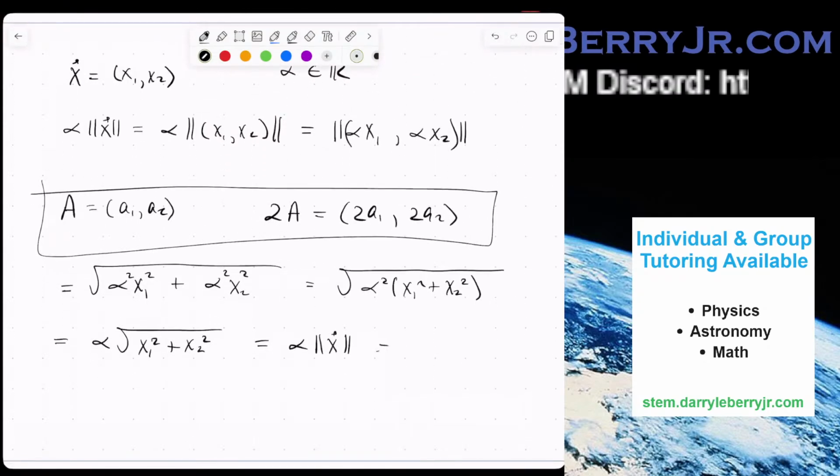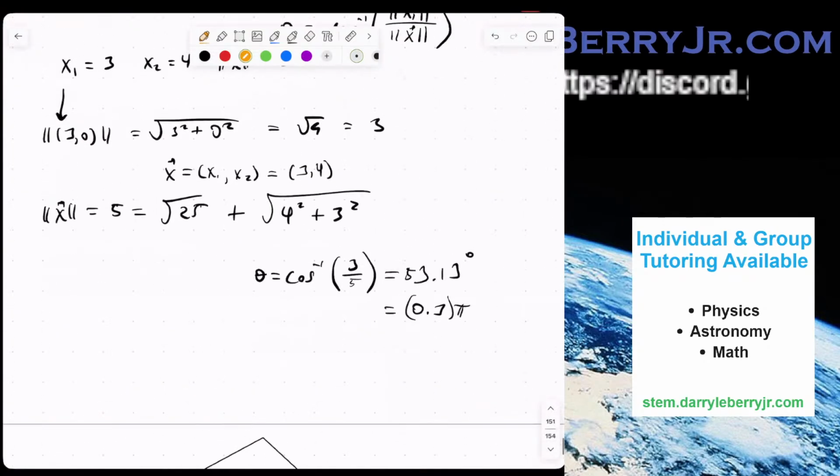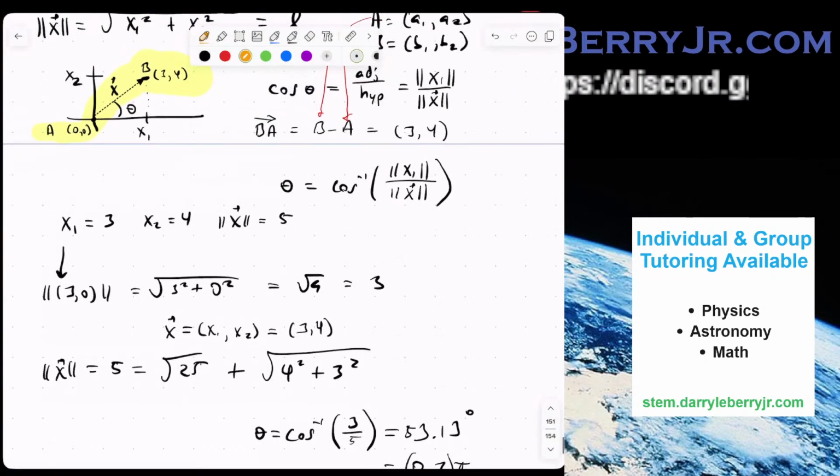So that's going to be the same thing as alpha times the magnitude of x, with the alpha outside the magnitude. So in a sense, since the scalar is just the magnitude, you can pull it out of the magnitude, just like how we did up here, where x happened to be 3, 4.